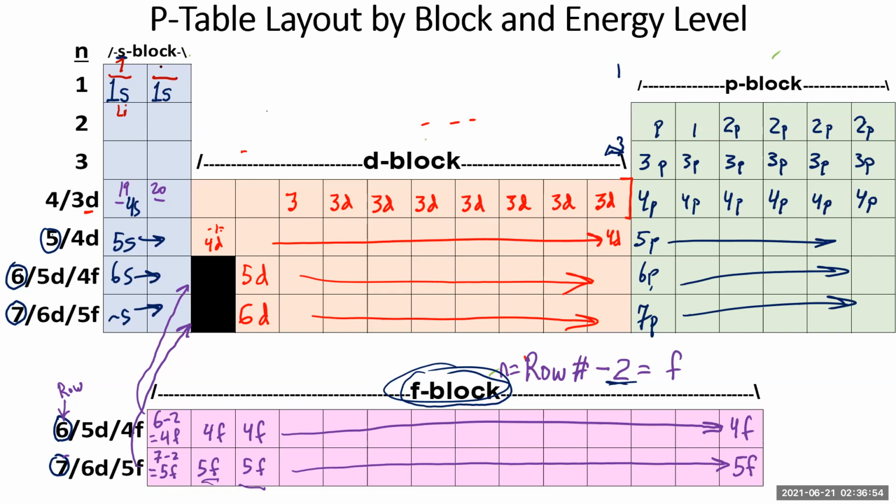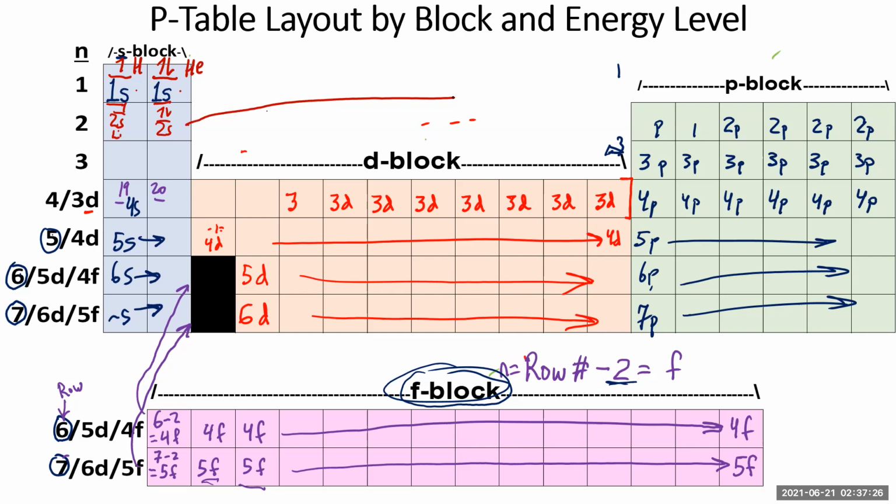We had 2 1s electrons for helium, which we put here. So we're adding electrons, 1 electron, 2 electrons. Then we come over here, 3 electrons for lithium. This is where lithium is. We had 1s2, and then we have 2s1. And then for beryllium, it would be 2s with 2 electrons.